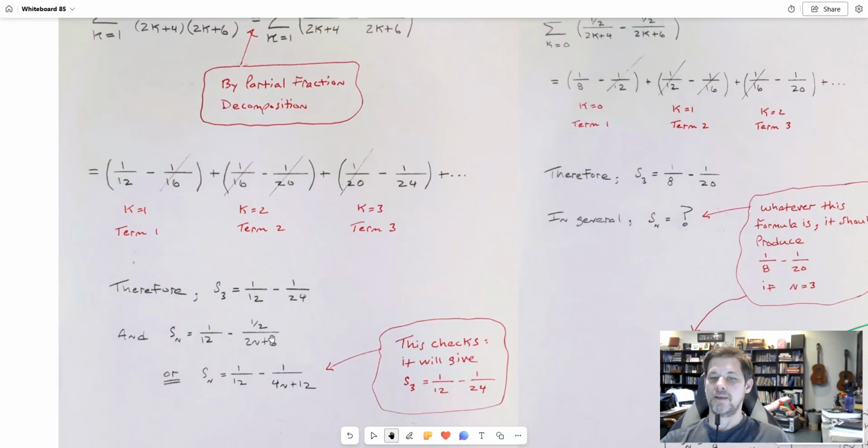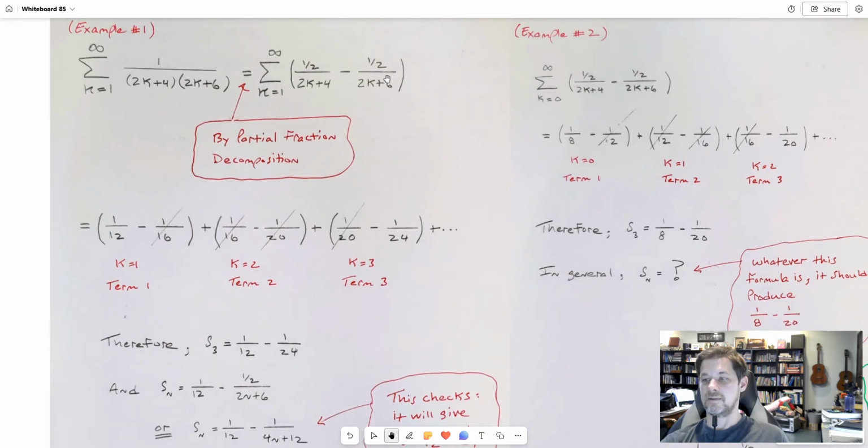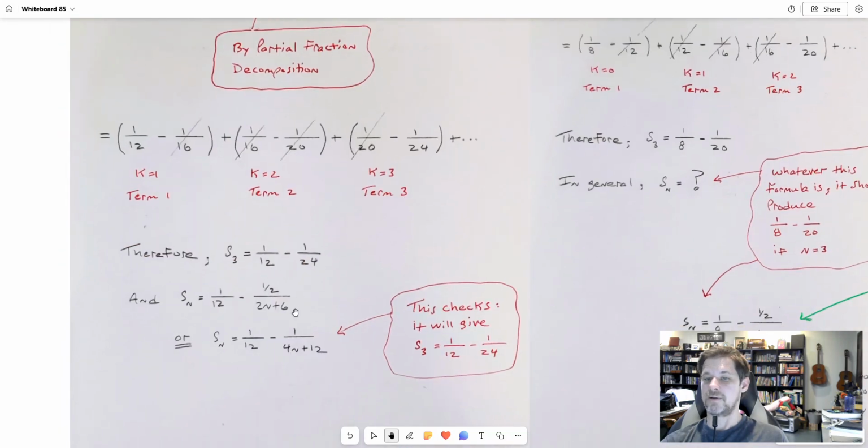So I'll adapt that and get 1/2 over 2n plus 6. This will work. The 1/12 gives me 1/12, and then this term will vary the more terms I write out. If I go to the next one, it's not going to be 1/24, but it will come from this formula, 1/2 over 2k plus 6. That's how I get that.